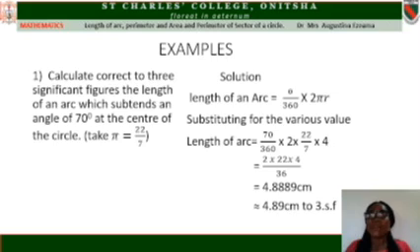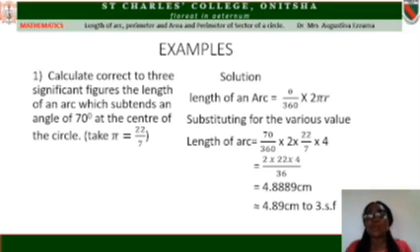Substituting for the various values, length of an arc is equal to 70 over 360 times 2 times 22 over 7 times 4. And this gives us 2 times 22 times 4 all over 36, because for that 70 there, you cancel 0 against the 0 on 360.